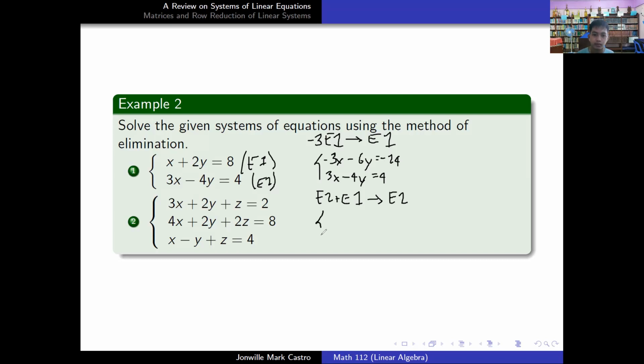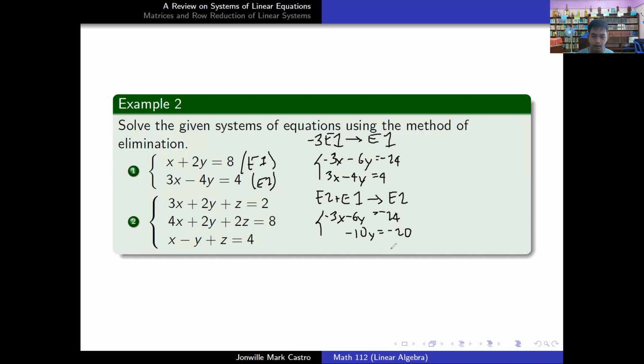So, what happens here, yung first equation natin is still the same. So, E2 plus E1 now. So, pag i-add natin, magka-cancel yung negative 3x and 3x. So, we have negative 10y equals negative 20.